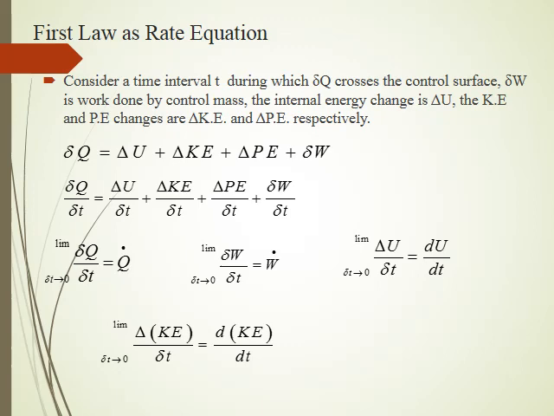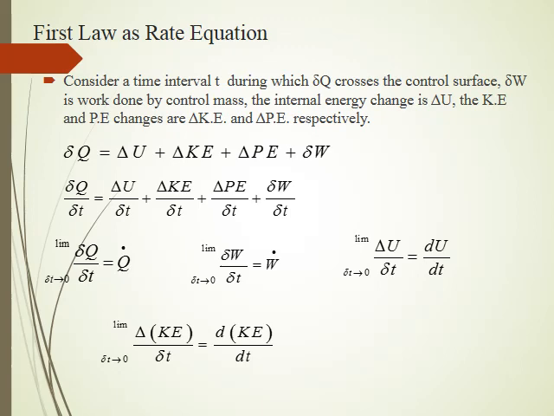So you can say the first law can be written as delta Q is equal to delta U plus delta KE plus delta PE plus delta W. Now we divide all the terms by delta t, and we have the average rate of energy transfer as heat and work, and also increase of the energy of the control mass. Now we take the limit for many of the quantities, as delta t is approaching 0.